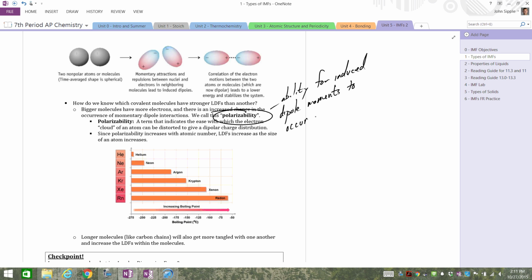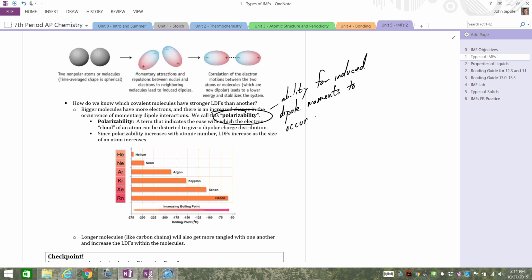All right, so you can see here on the table we give you the noble gases. Helium, boiling point, really, really low. Very small, not real polarizable. Very small amount of London dispersion forces. As you move down the periodic table, the atoms become bigger and bigger, more squishy and fat, and you can move the electrons in that molecule around.